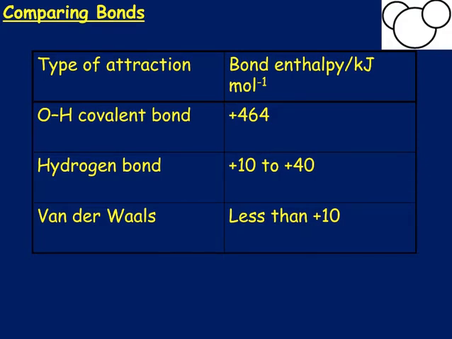In terms of just an idea of the energy that's required to break certain things, we've said covalent bonds are intramolecular forces. So if you have a water molecule and you're trying to break the covalent bond, the OH bond, you would need to input 464 kilojoules per mole of energy.